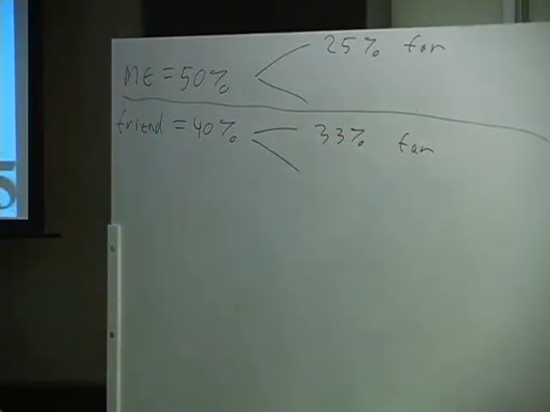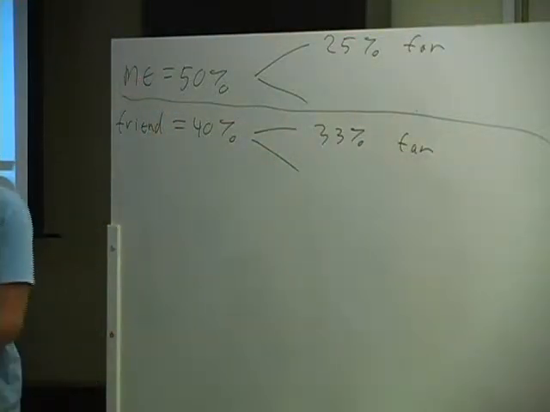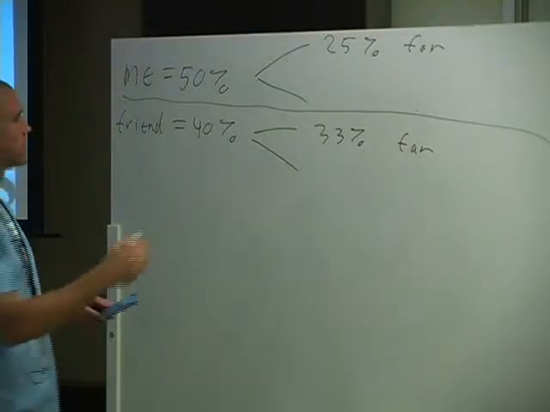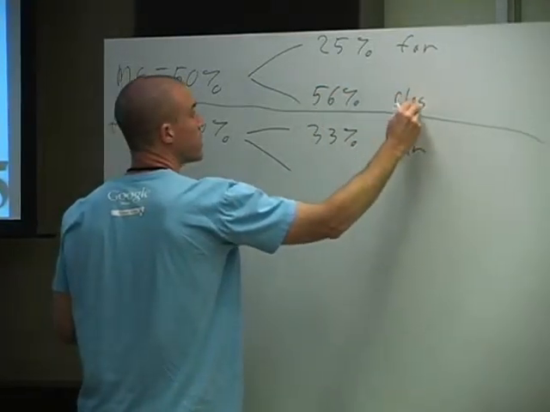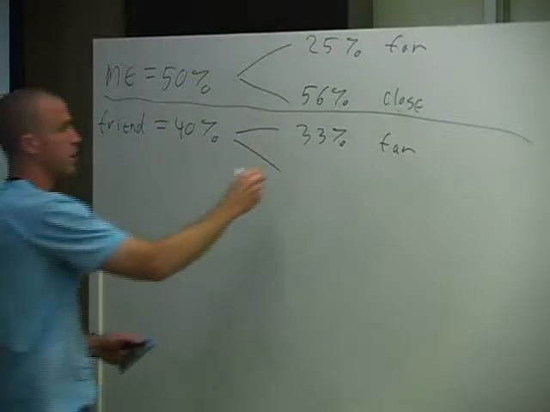So he's a better shooter than me from far away. Then you look at close, and from close I am 9 out of 16, which is 56%. My friend from close is 3 out of 5, so he's 60% from close.